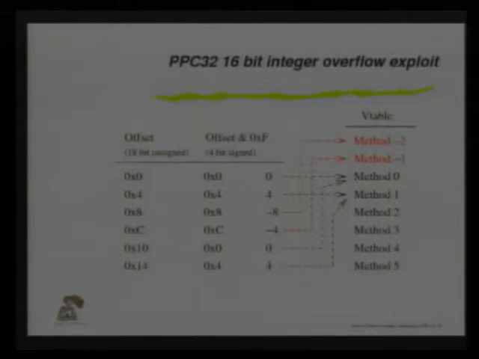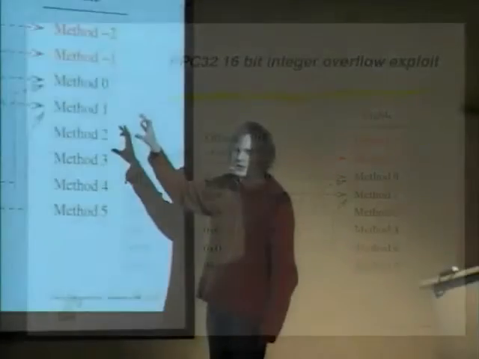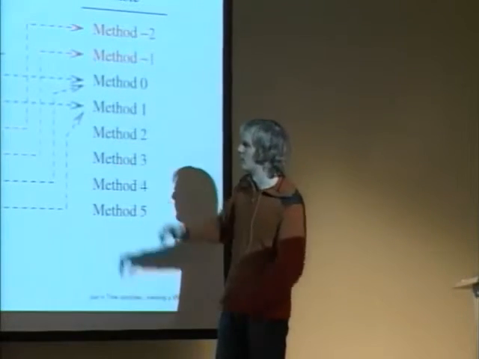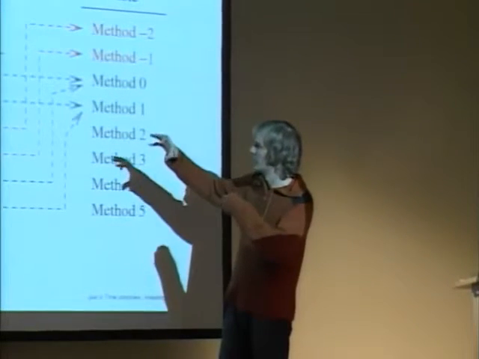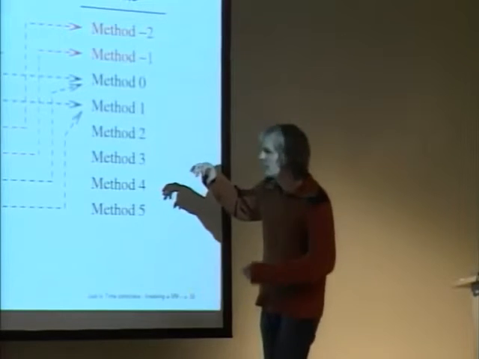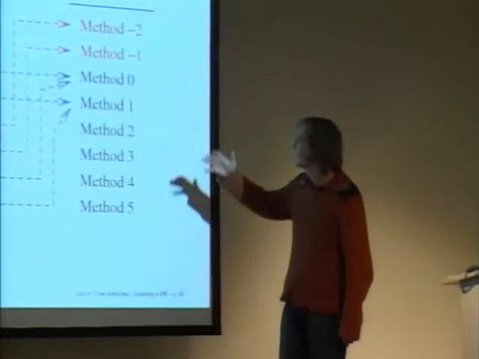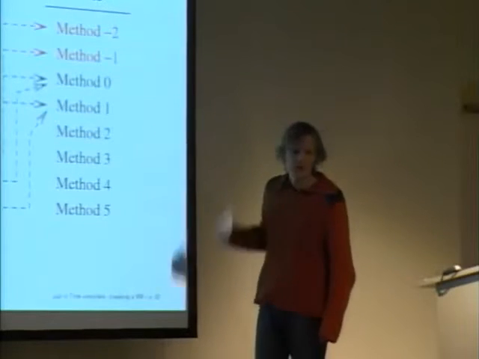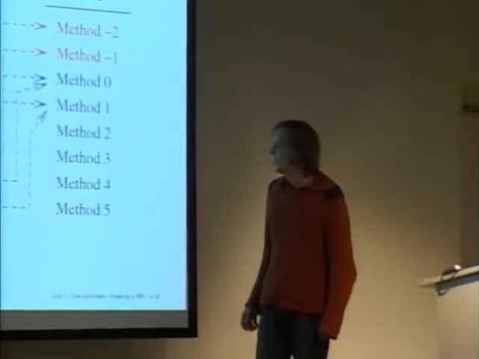So if we want to address the first group of methods, they will be addressed correctly. Then if we want to address another set of methods, the index will become negative, and instead of loading the entry point of the method, some garbage pointer from before the virtual function table will be loaded.